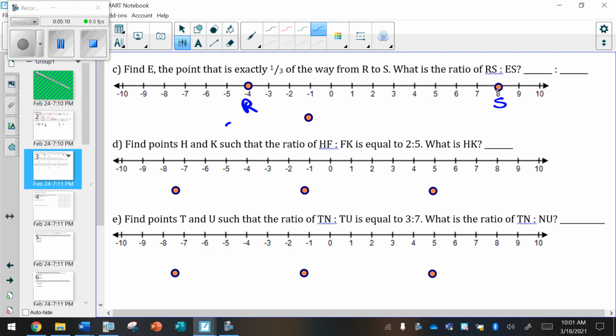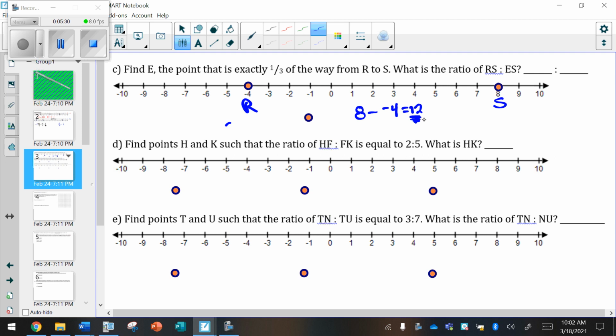11, 12. Mathematically, if I didn't have a picture, because that's eventually what's going to happen, I'm not going to have a picture here to do this, I would do the coordinate for point S minus the coordinate for point R and realize that they are 12 spaces apart.